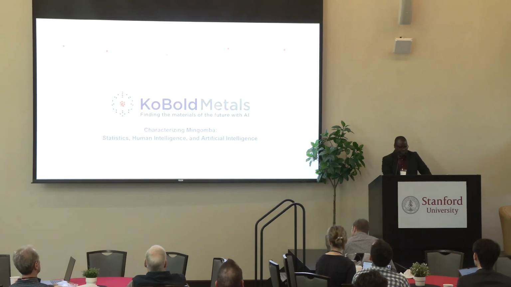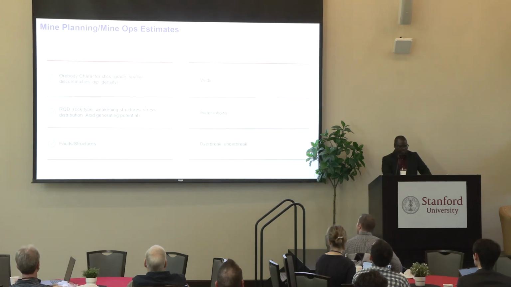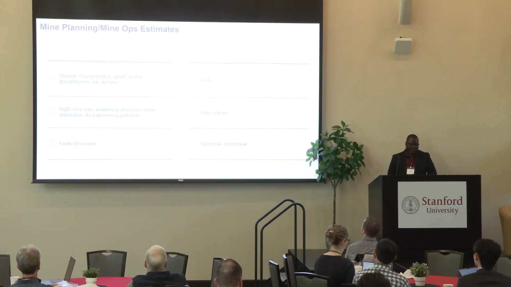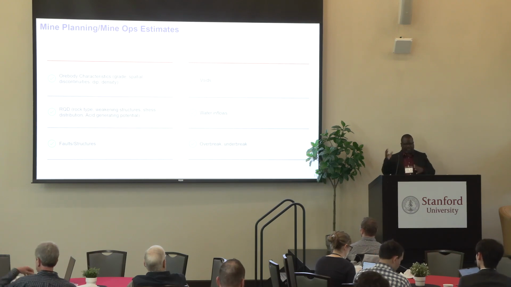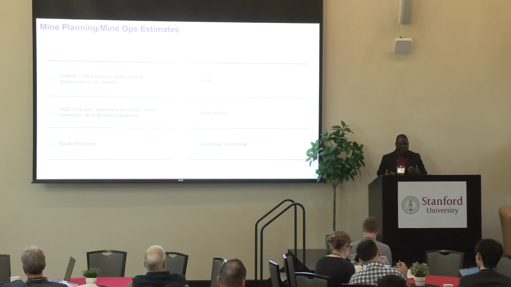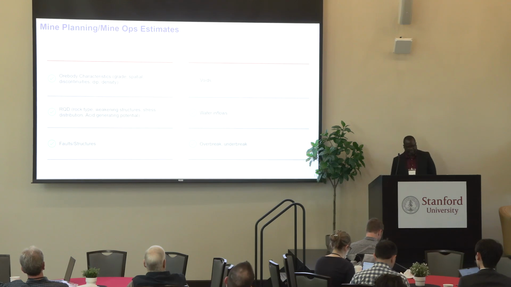We're not going to go into a whole lot of details, but these are some of the things we look to predict around the ore body characteristics: grade, how spatially where this grade is, discontinuities, the dip, all things that are very important in getting an optimal mine plan.